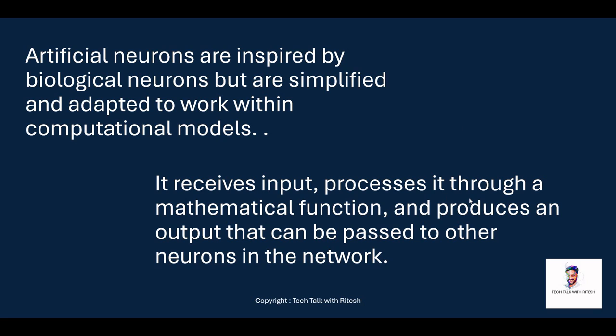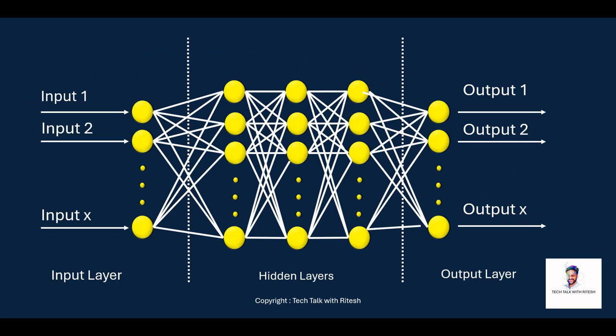It receives input, processes it through a mathematical function, and trust me, those are very complex functions, and produces an output that can be passed to other neurons in the network. So one neuron will receive the information and pass it to other neurons, and they are all interconnected. That is how the information flows from one side to another, right?